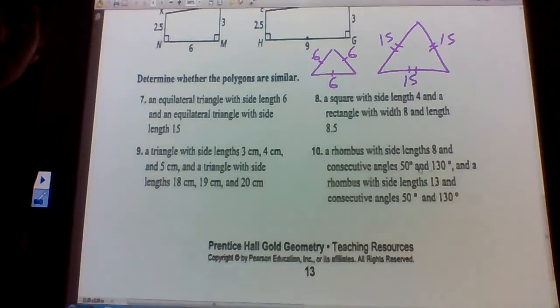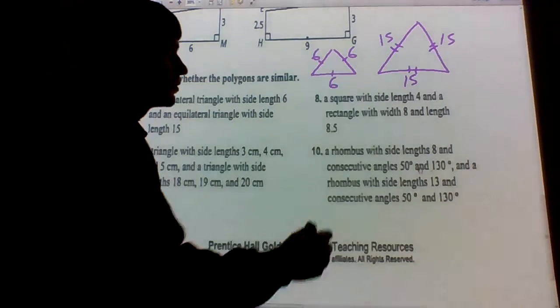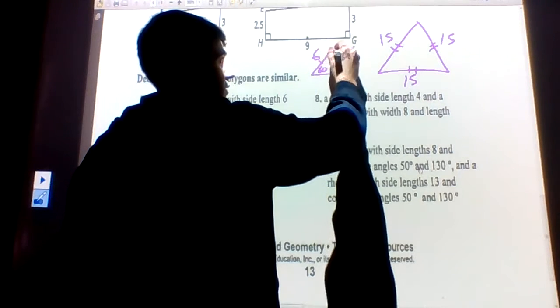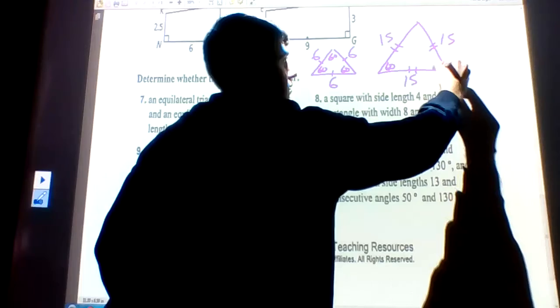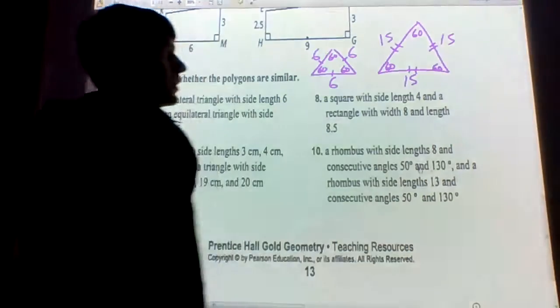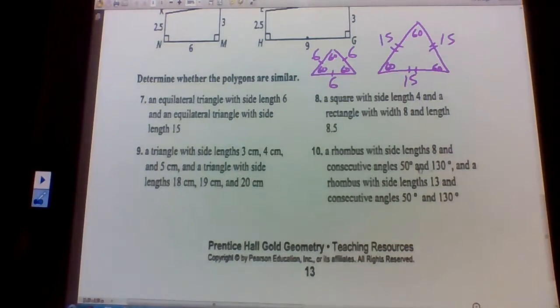And we know the angles of an equilateral triangle are all equal, so they're 60, 60, and 60. So we have 3 pairs of congruent angles, so our angles are congruent.